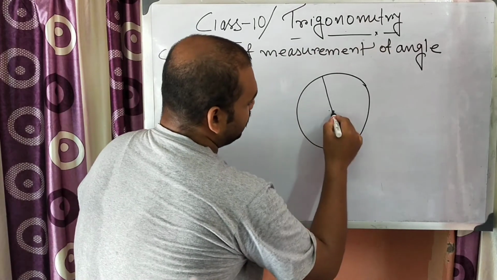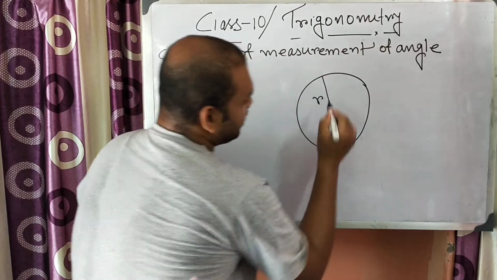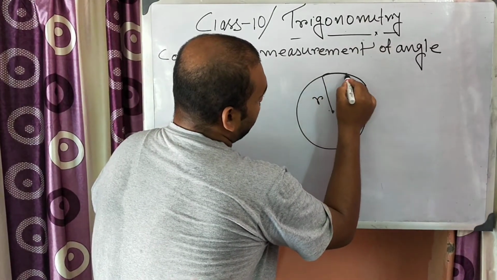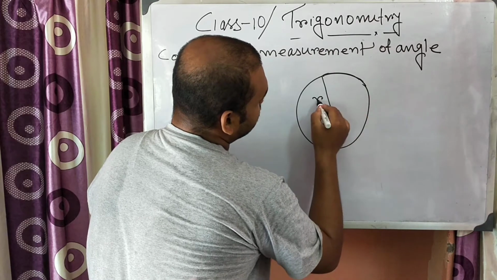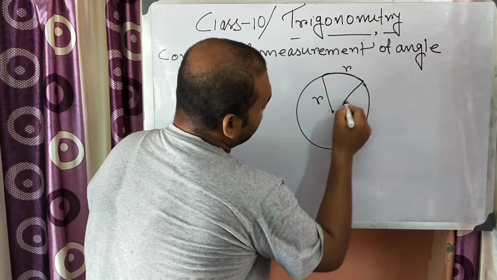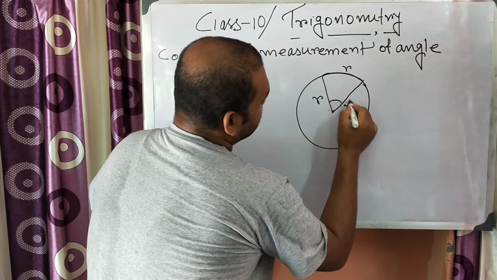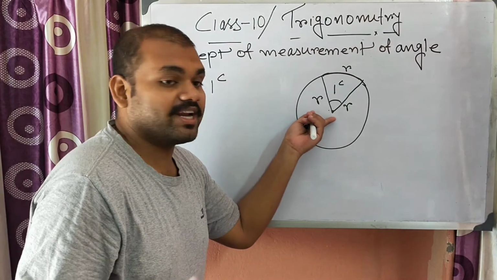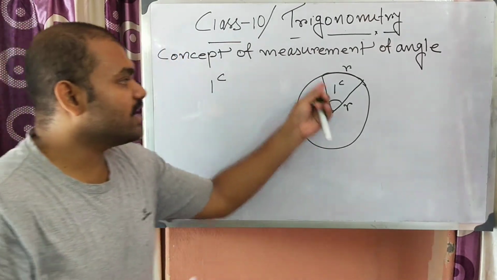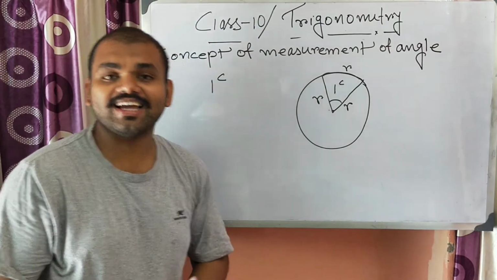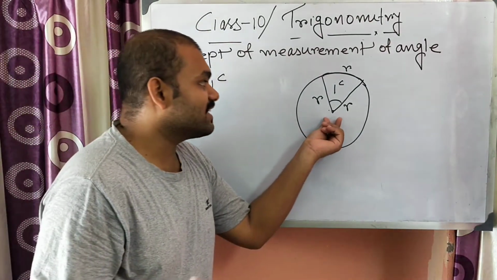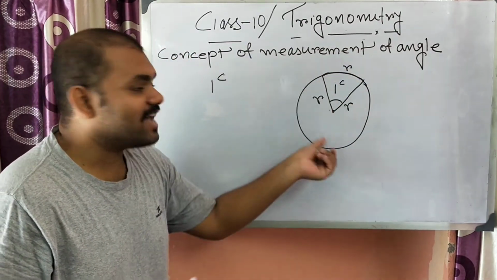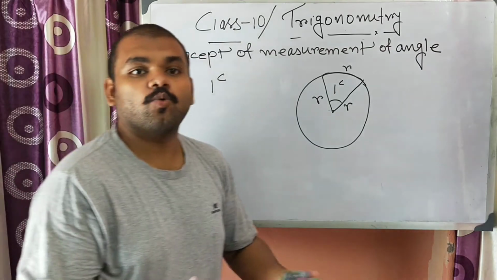If this is the radius r, and we take an arc of equal length r, then the angle so produced at the center is known as 1 radian. So the angle subtended at the center by an arc of length the same as its radius is known as 1 radian.